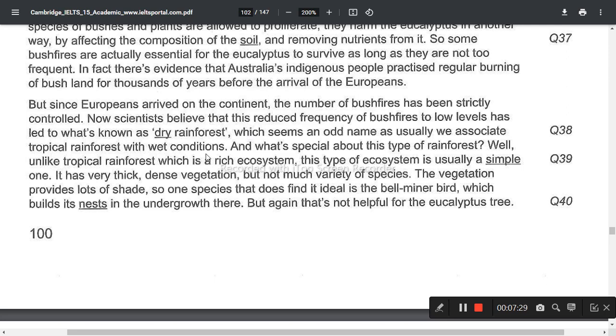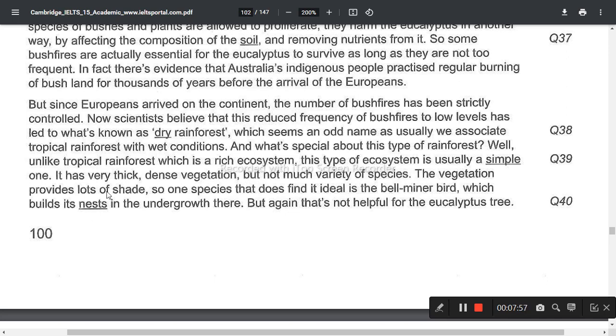And what is special about this type of rainforest? Well, unlike tropical rainforest, which is a rich ecosystem, this type of ecosystem is usually a simple one. It has a very thick, dense vegetation, but not much variety of species.